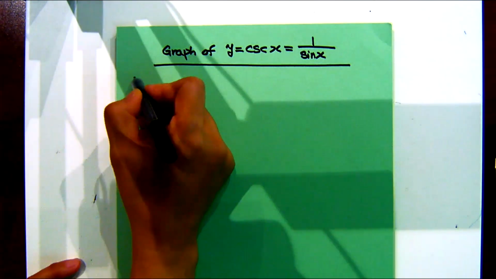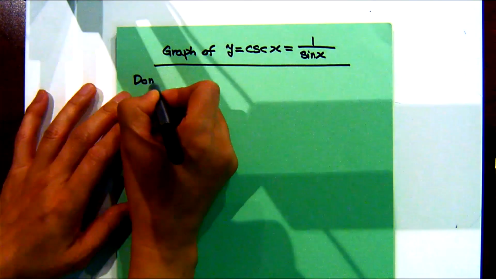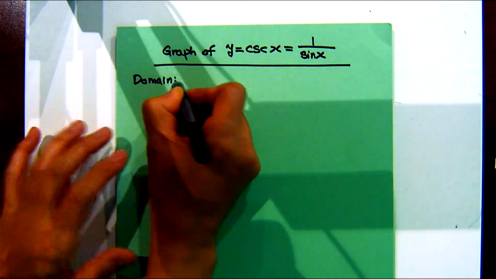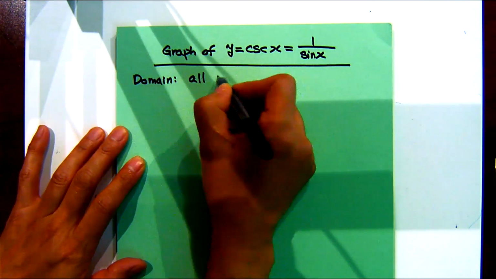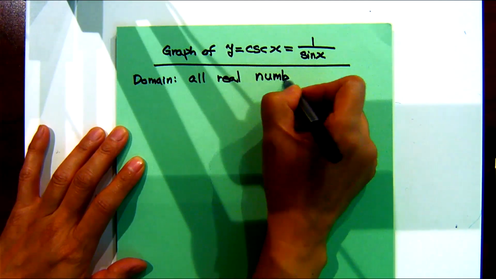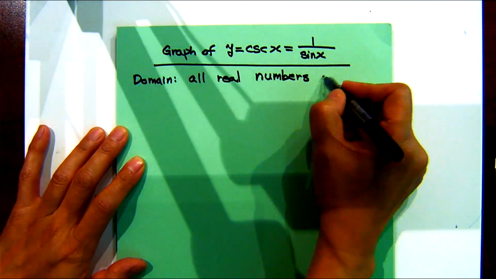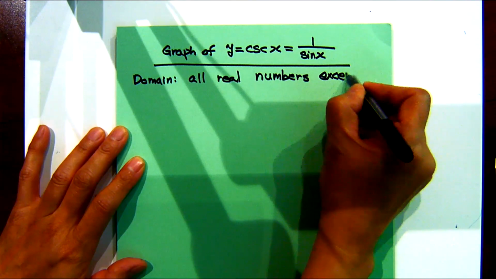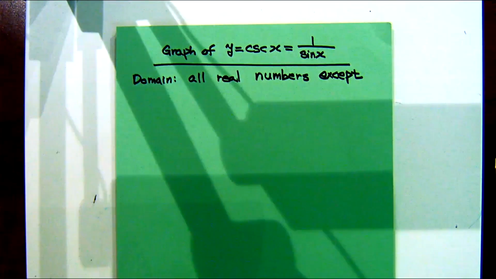So the domain is all real numbers except whenever the sine value equals 0.